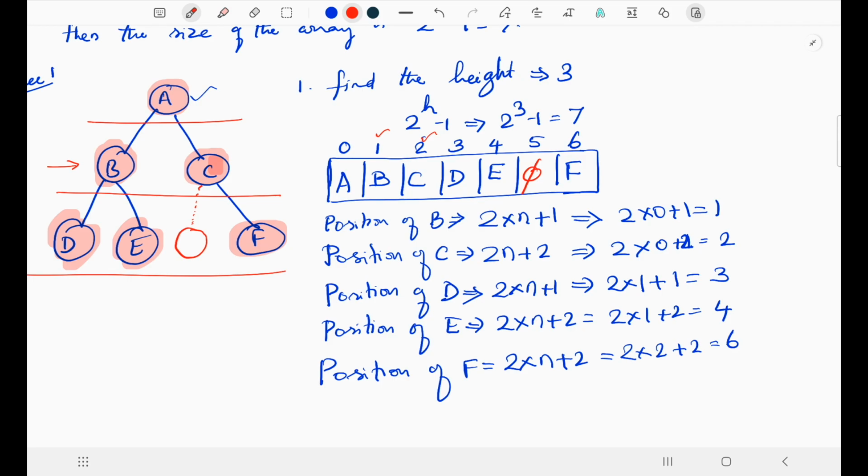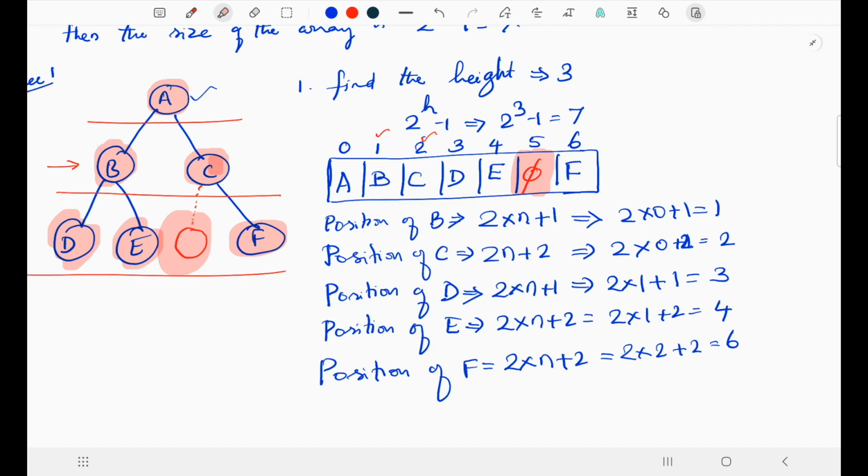In future, if C gets the left child, then it will be populated there in the index 5. Currently C has no left child, so 5, null is represented.